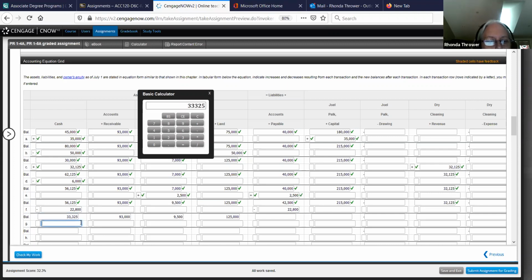All right, so my cash went down here again. We subtracted, you should subtract to get the new balance in the cash account. This one stays the same, that one stays the same, this is the same, and then we're going to subtract from our liabilities. The balance before we made this payment was $42,500. I'm going to subtract out $22,800.